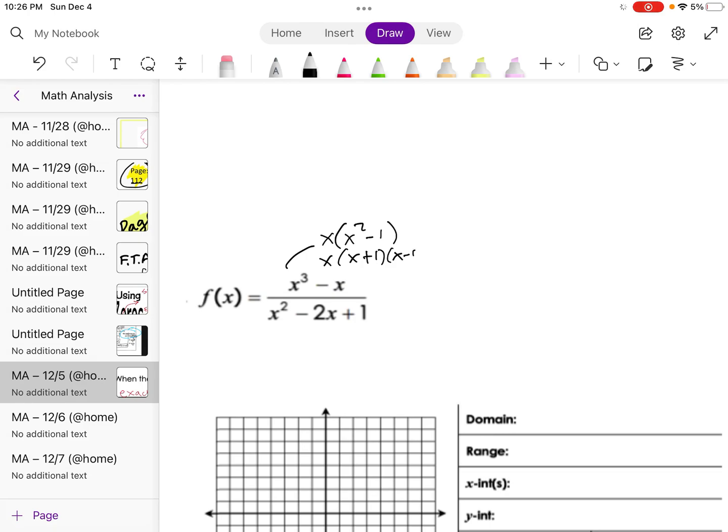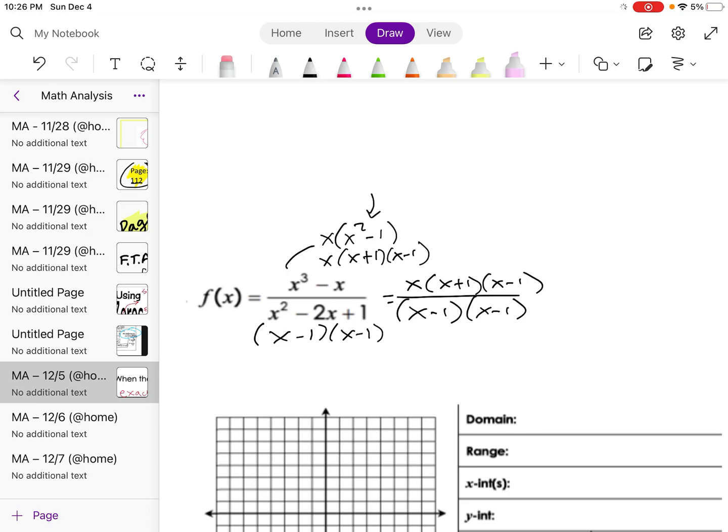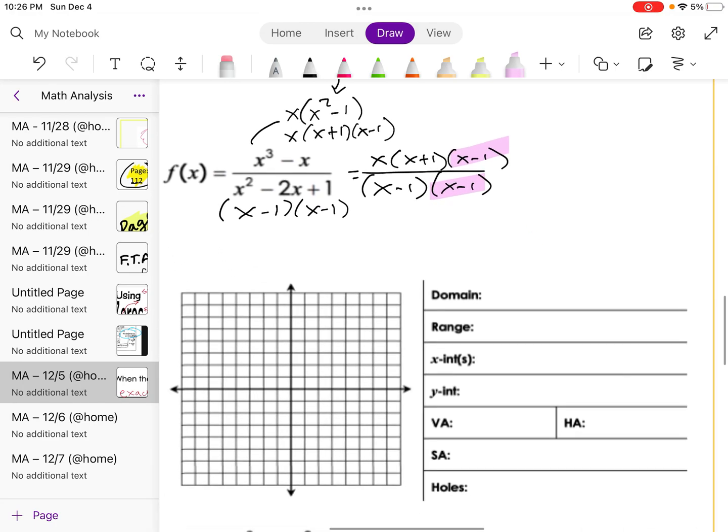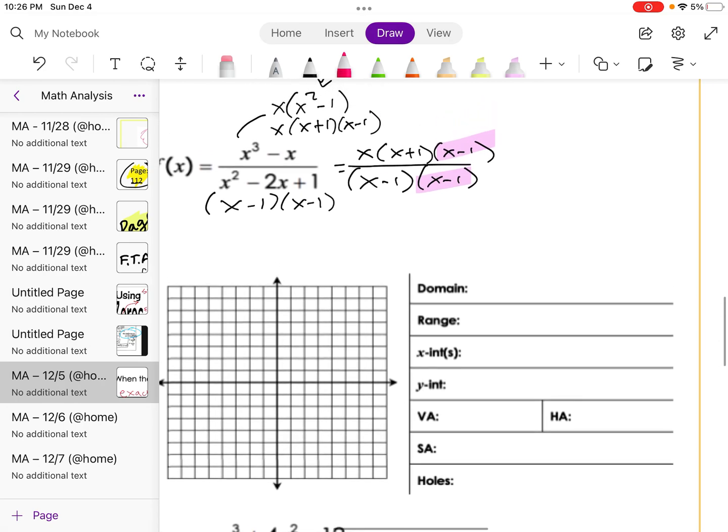So this one becomes x squared minus 1, or x times x plus 1, x minus 1, because we have a difference of squares. And then this one is x minus 1. It's actually a perfect square. X minus 1 times x minus 1. So if I rewrite this, check this out.